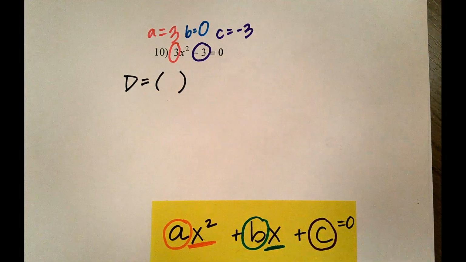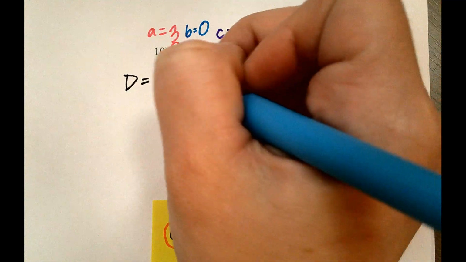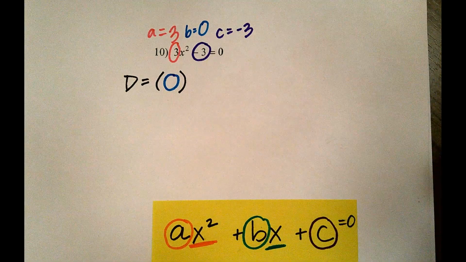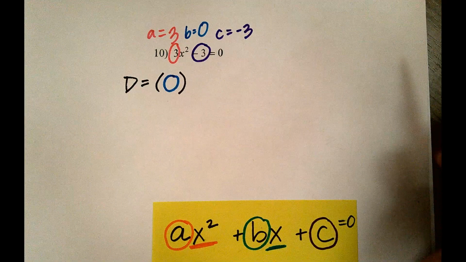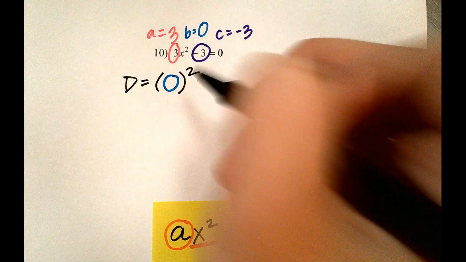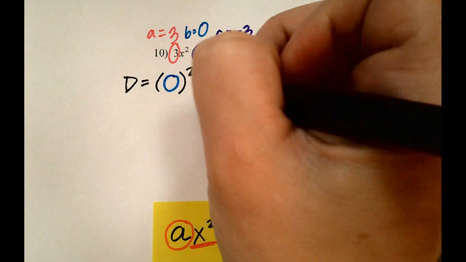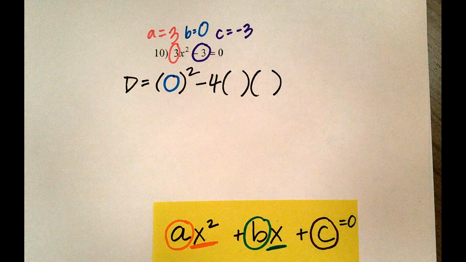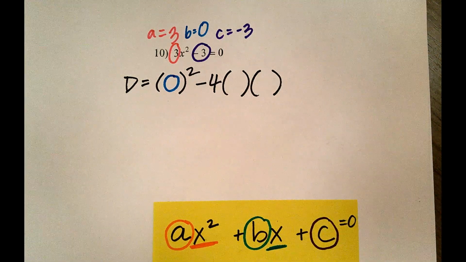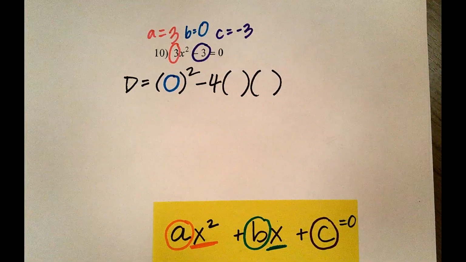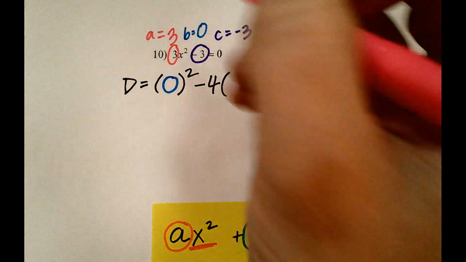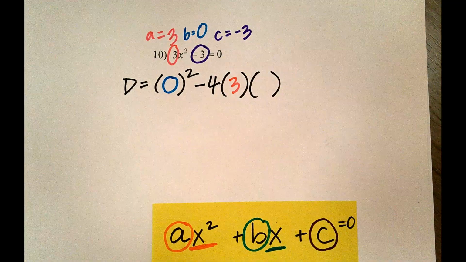So 0 in parentheses, isn't it? And then what? The 2 still goes over. Yep. 0 squared, because B squared. Minus 4, and you got your A and your C. And then you got parentheses. So what goes in the last two? Good. 3 and -3.